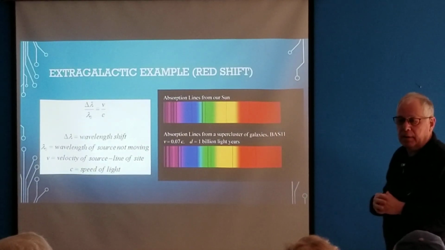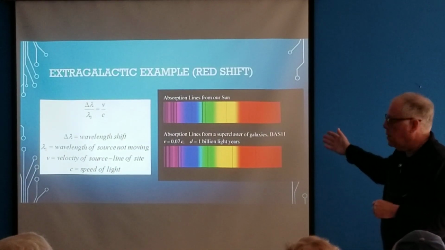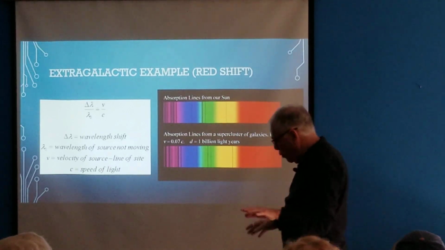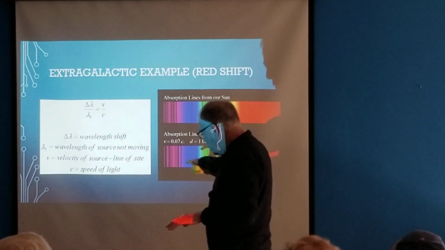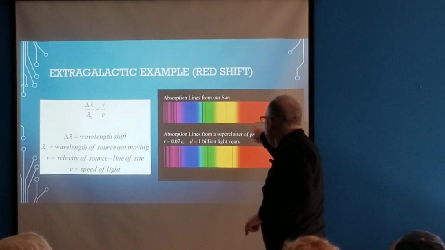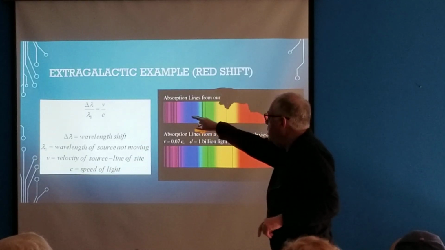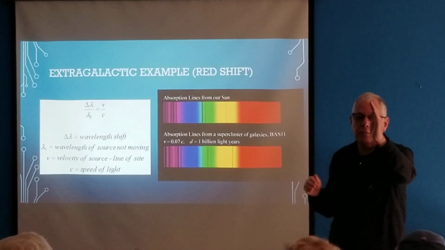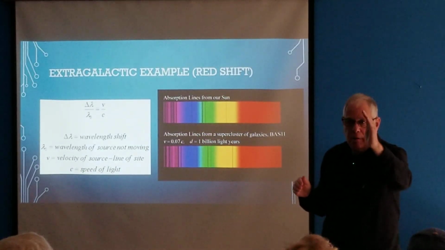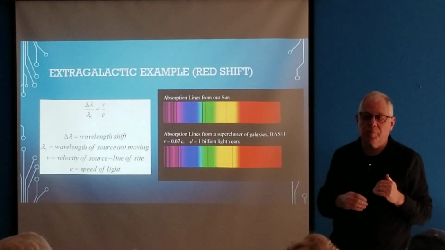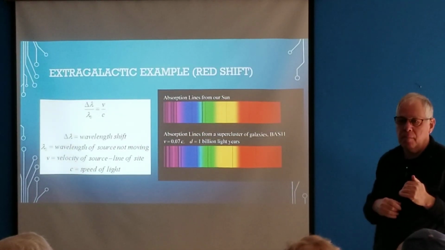That's the Doppler effect, as shown here. And it's a very simple formula. This shift, the change in wavelength over the base wavelength, is equal to the radial velocity of the object compared to the speed of light, okay?